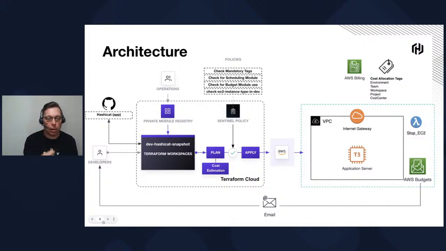So as part of the workspace run, when it does a plan, Terraform Cloud has the ability to do a cost estimation. So this is a rough estimate of the resources that are going to be deployed. Now, this is not, and I want to emphasize, this is not a proactive cost management tool. So it does not go and look at what is currently being spent or track what is being spent in any way.